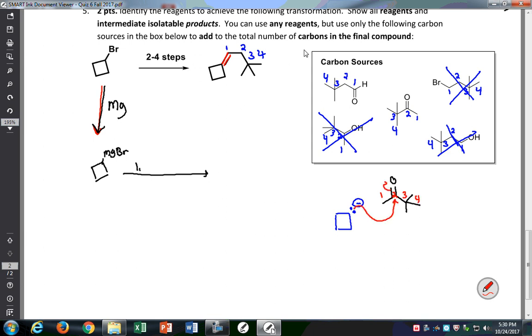So my new carbon-carbon bond would not be in the position that I want it to be in. And let's not forget my alcohol. So there's really no way to get from this to our product because the attachment's not right.